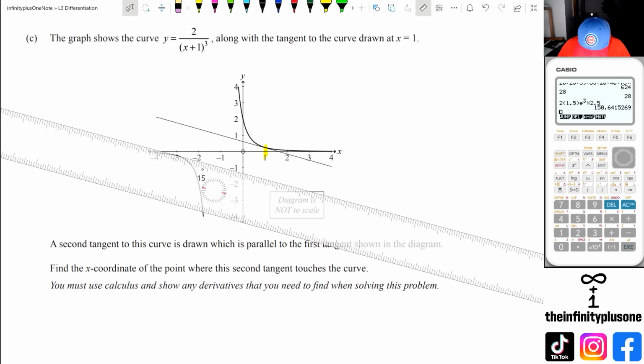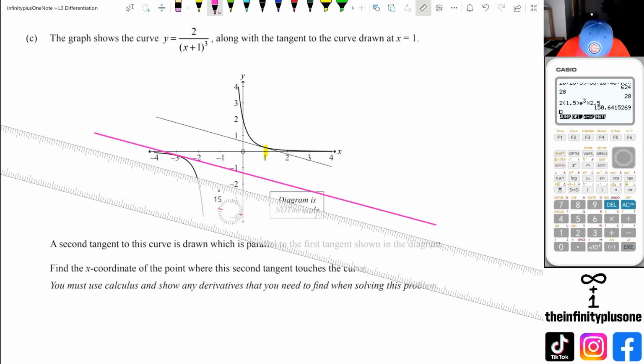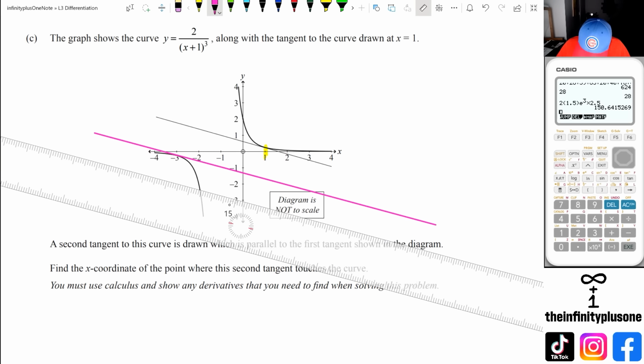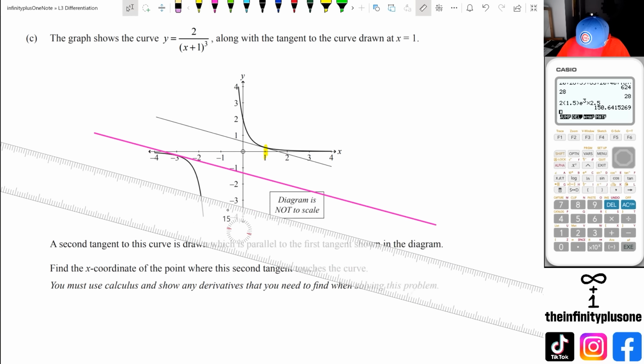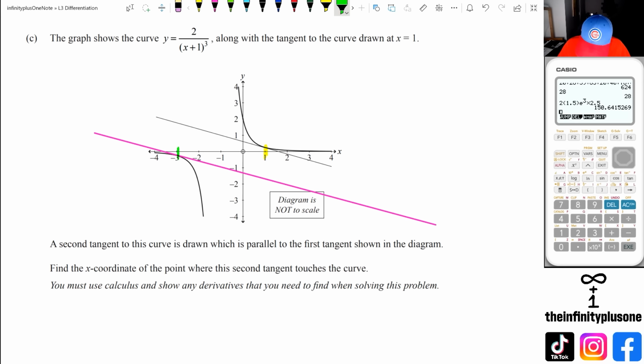So this is probably going to be the second tangent here. And what we're asked is, find the x coordinate where the second tangent touches the curve. So probably somewhere here. So yeah, we've got to try and prove what that x value on the green mark is.